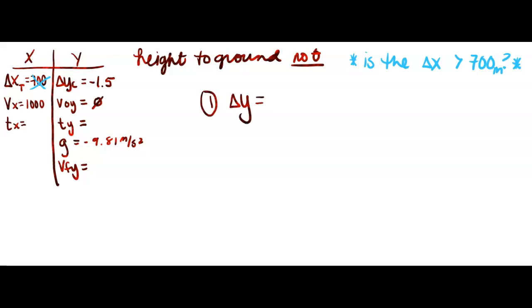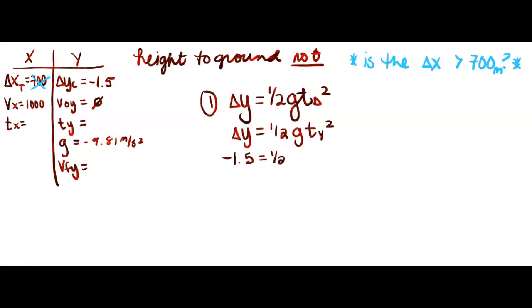And to do that, we should use our free fall equation, which is delta y is 1/2 gt squared. So time down is what we're actually doing, which in this case is time y, so 1/2 g ty squared. And again, time y and time x are the same, so we just plug in the information that we have. Delta y is negative 1.5, that's equal to 1/2 times negative 9.81 times time squared.